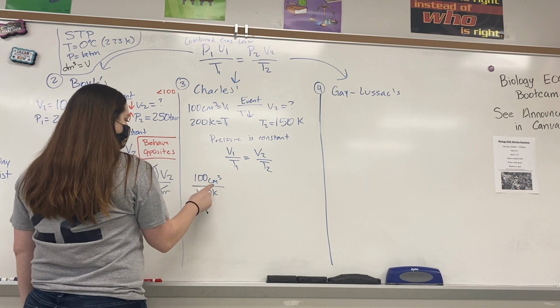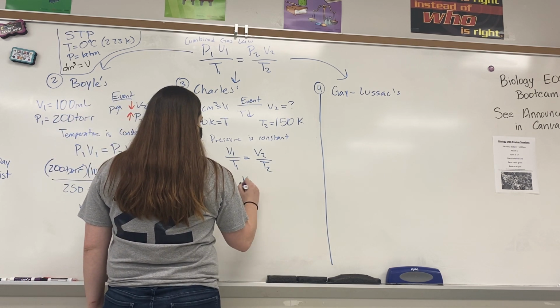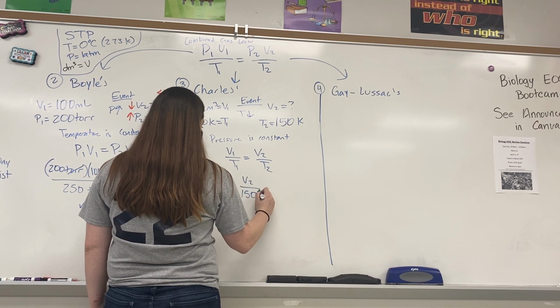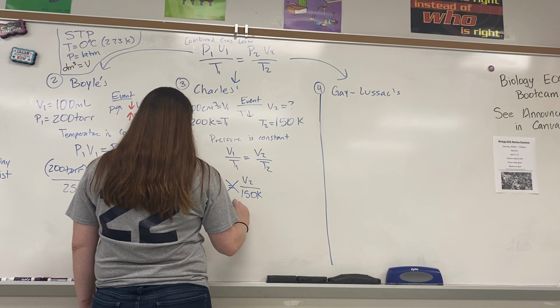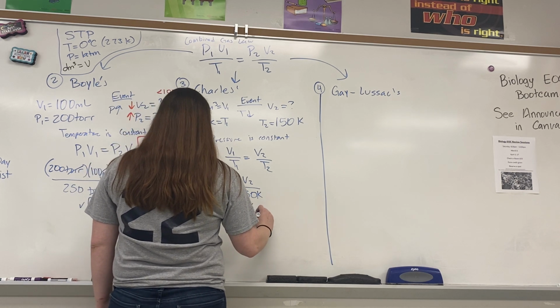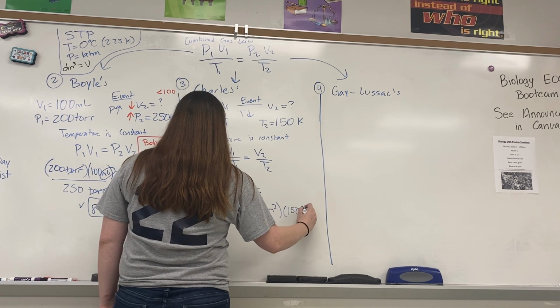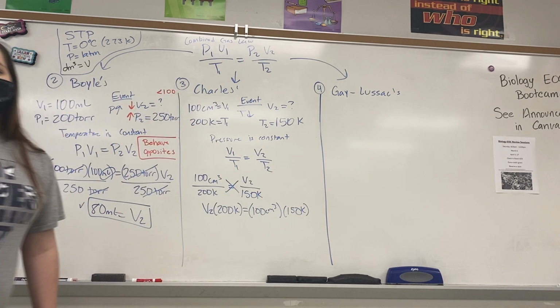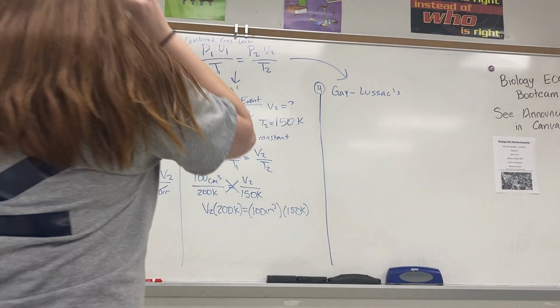So 100 centimeters cubed divided by 200 K is equal to V2 divided by 150 K. So then you cross multiply. So V2 times 200 K equal to 100 centimeters cubed times 150 K. Okay? So now I want to solve for V2.